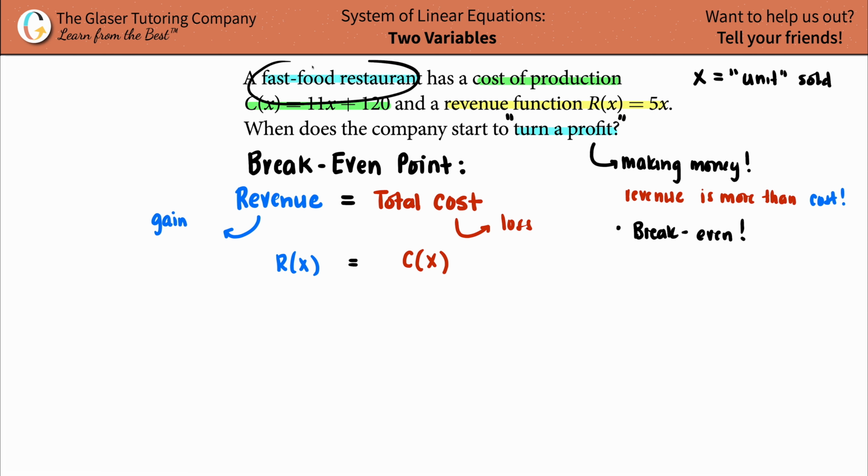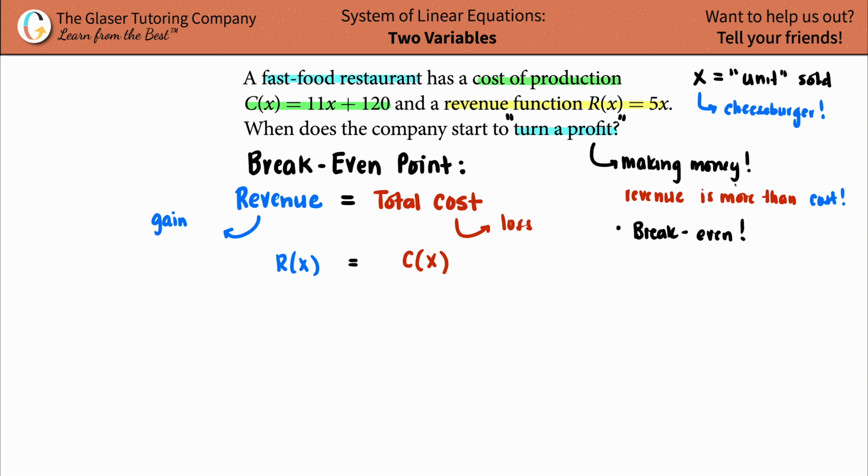Generally speaking, they do make it easy where you're only selling one thing, one unit. Whether it's a hamburger, a hot dog, veggie burger, fries, milkshakes, chicken sandwiches, whatever this fast food restaurant is, it doesn't matter. So maybe we'll just say cheeseburger. Gotta love a good cheeseburger.